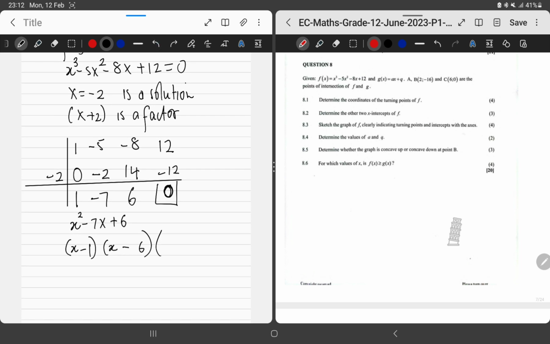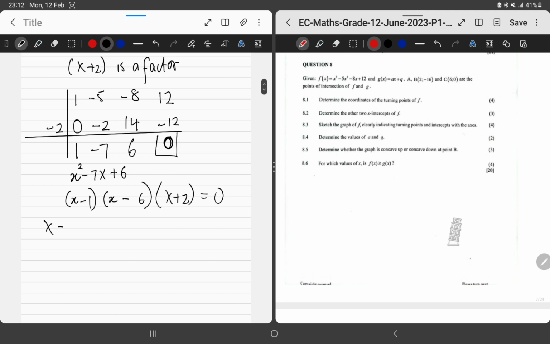So I'm just going to include it there, which is x plus 2 is equal to 0. So x should be equal to 1, or x should be equal to 6, or x should be equal to minus 2. So the coordinates of the x-intercepts are (1, 0), (6, 0), and (minus 2, 0).